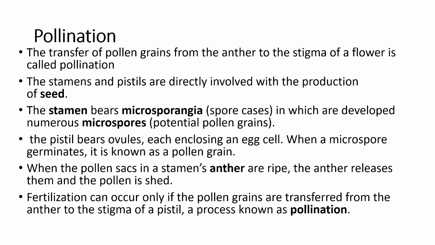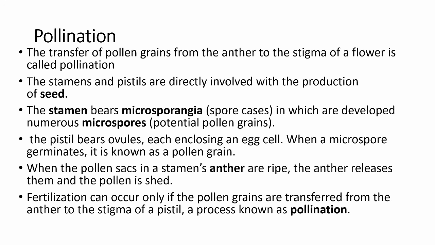When a microspore germinates, it is known as the pollen grain. When the pollen sac of the stamen's anther is ripe, the anther releases them and the pollen is shed.